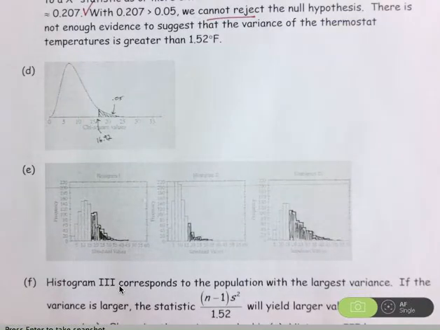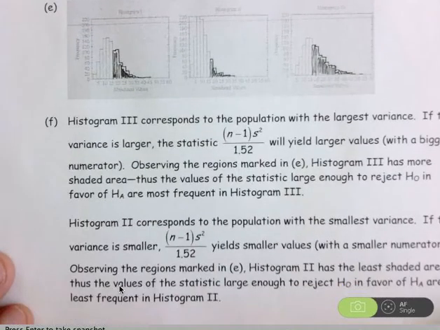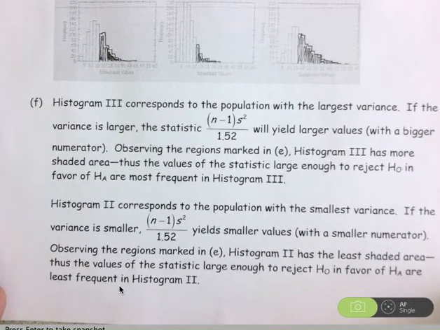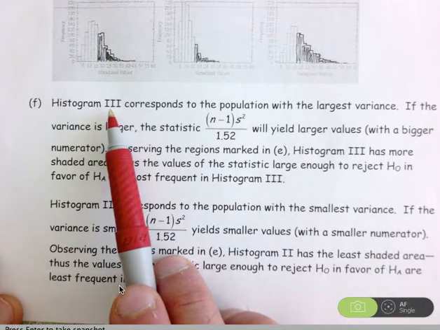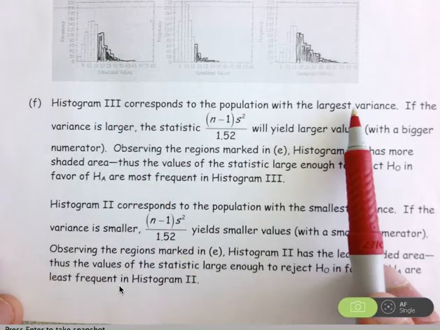So lastly then, in part F of the question, here is what's going on. In part F of the question, an essentially correct answer identifies the correct distributions. So histogram 3, that should be identified as the sampling distribution that had the largest variance.